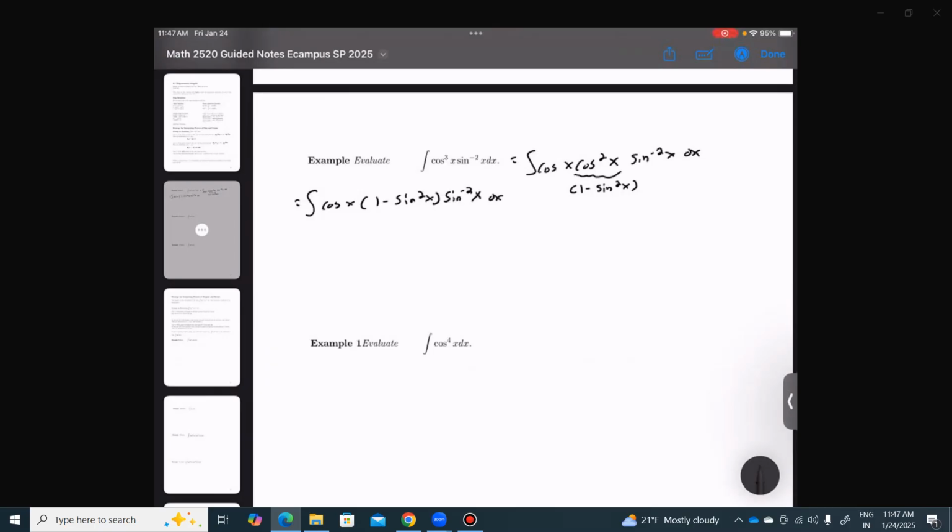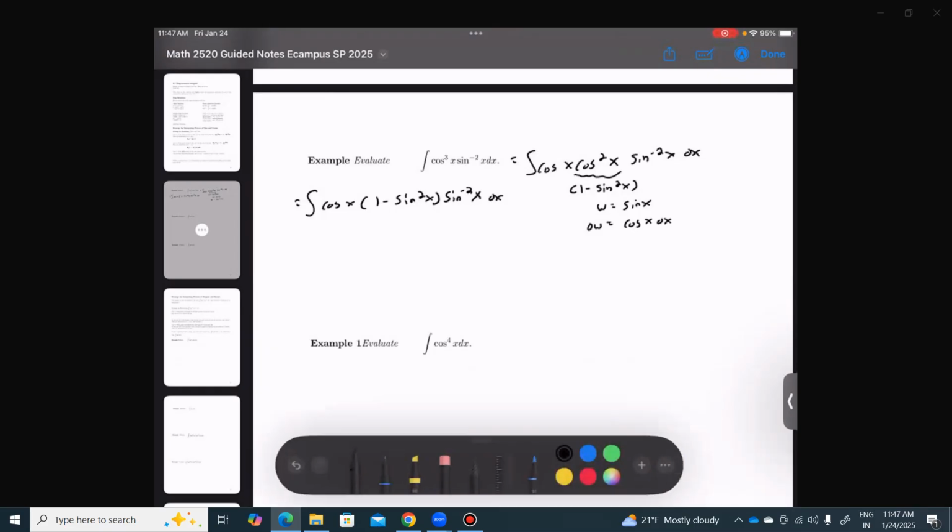Now we plug in where we will have our w. So we're going to let w equal sine x, dw equal cosine of x dx.